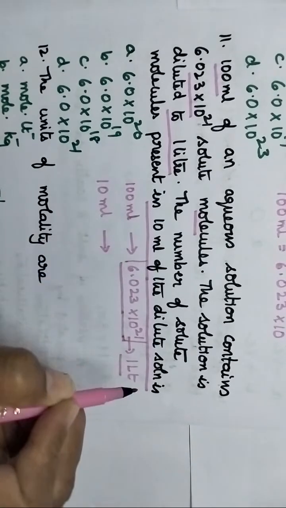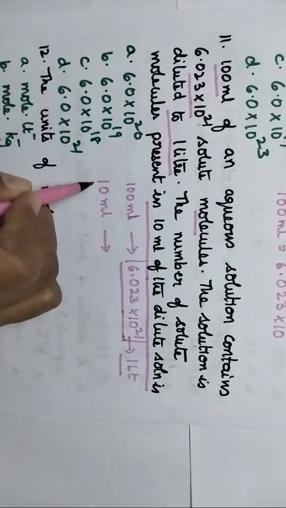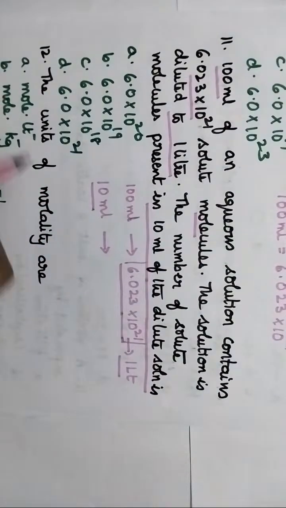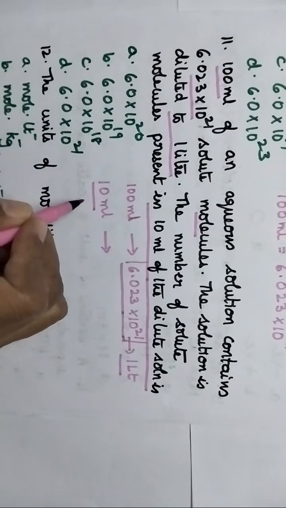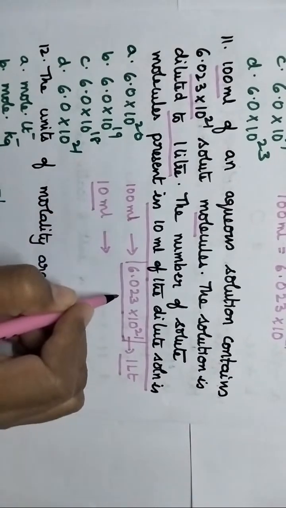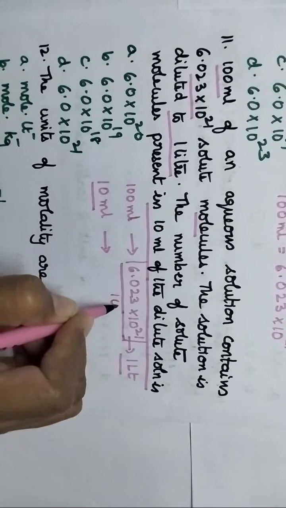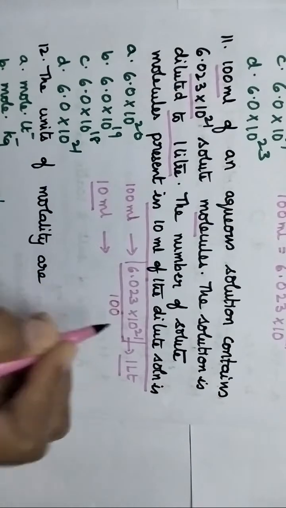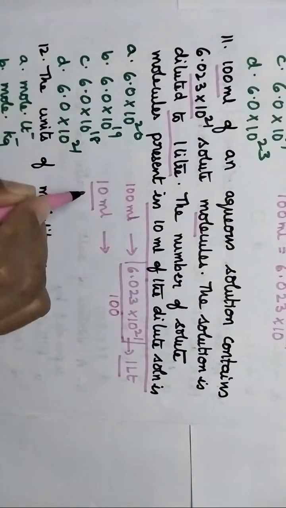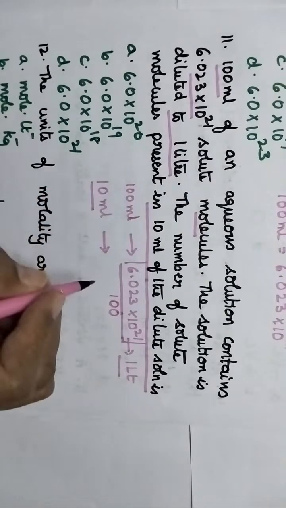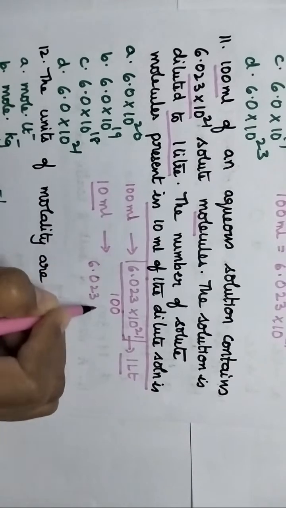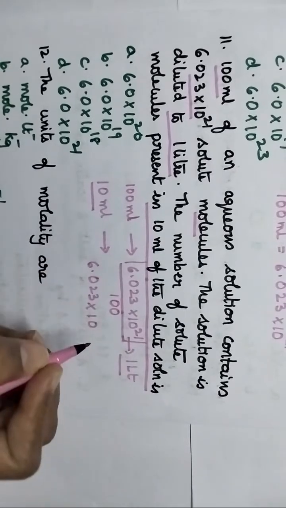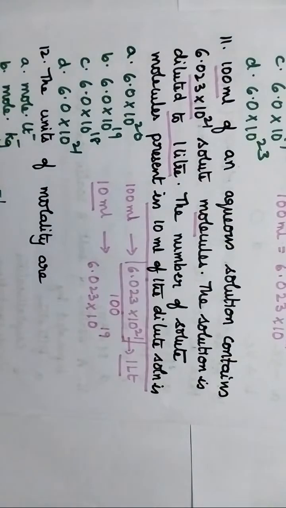But from that 1 liter solution, only 10 ml is taken. So from 1 liter, we have taken only 10 ml of the solution. So you have to divide by 100. Then it becomes 6.023 into 10 power 19.